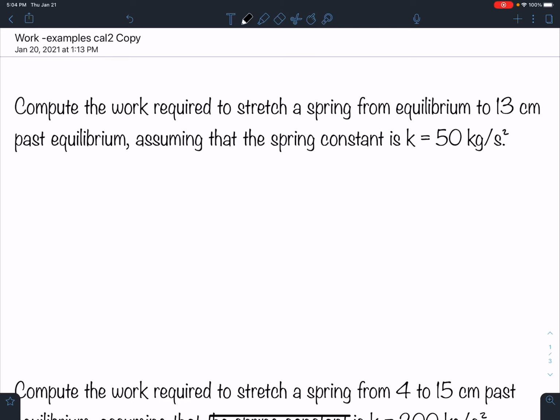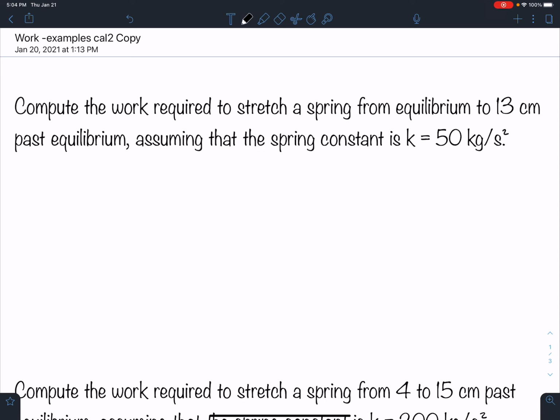So in these examples, we're going to work some work problems where it's the spring application. So Hooke's law: compute the work required to stretch a spring from equilibrium to 13 centimeters past equilibrium, assuming that the spring constant is k equal to 50 kilograms per second squared.